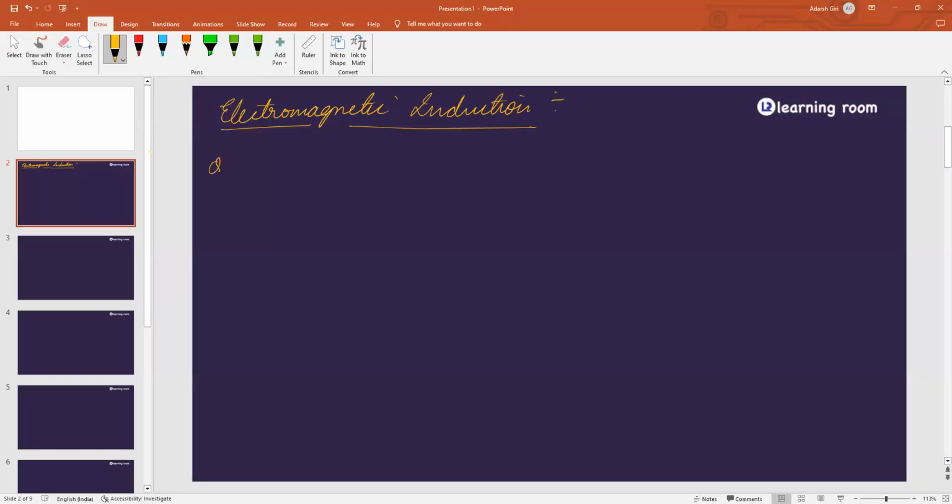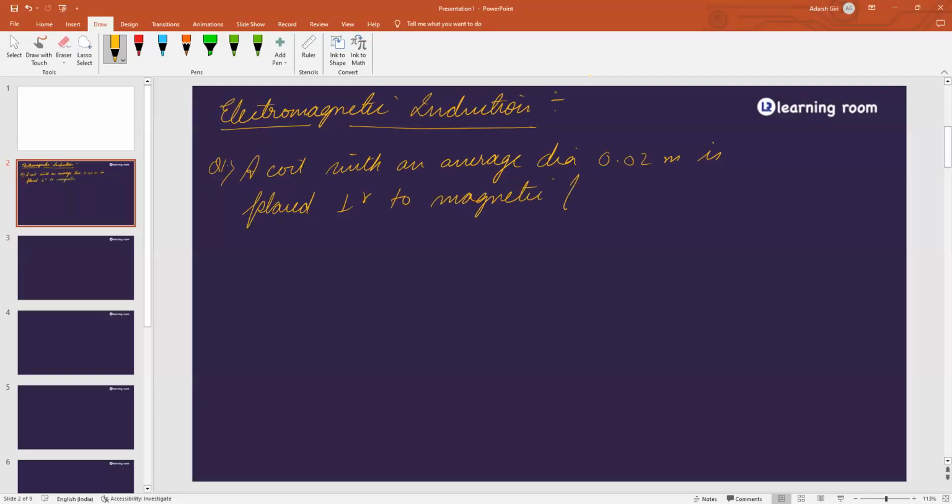Question says that a coil with an average diameter of 0.02 meter is placed perpendicular to the magnetic field of 6,000 Tesla.